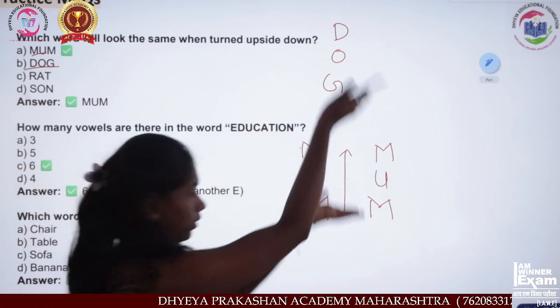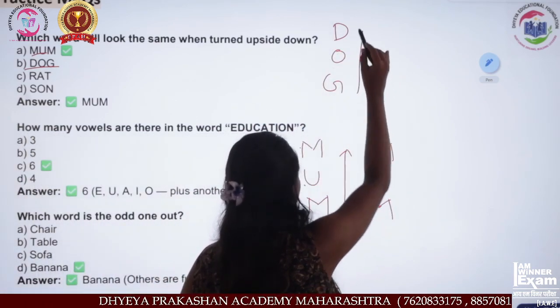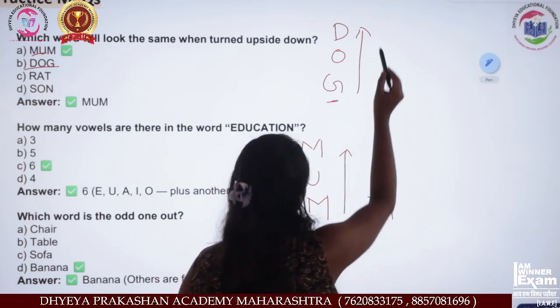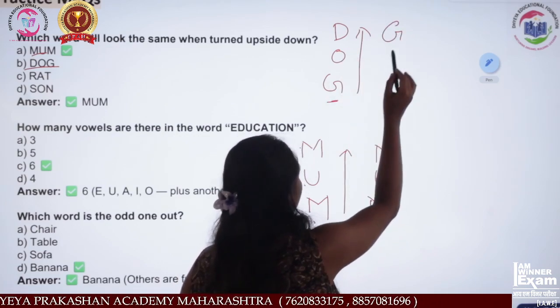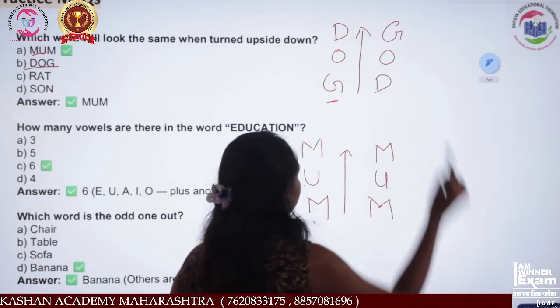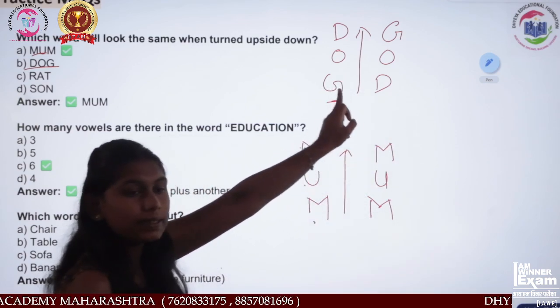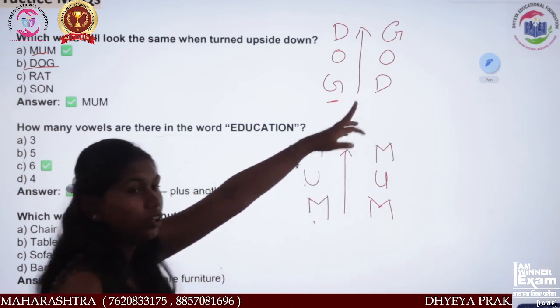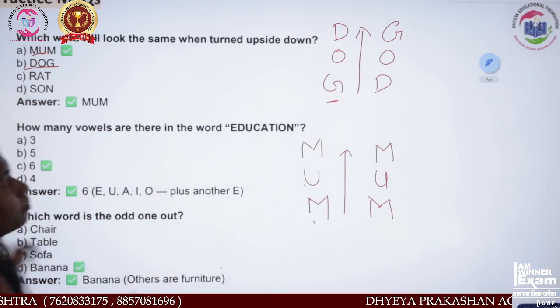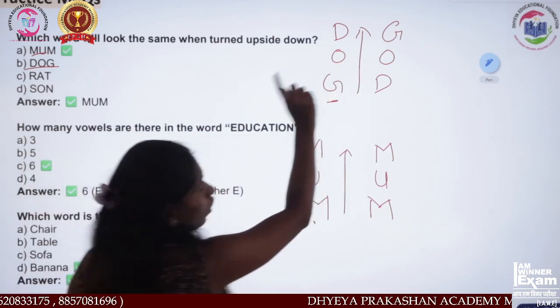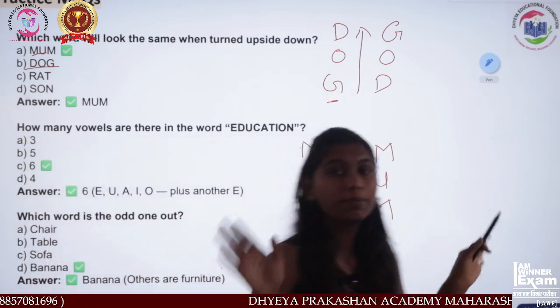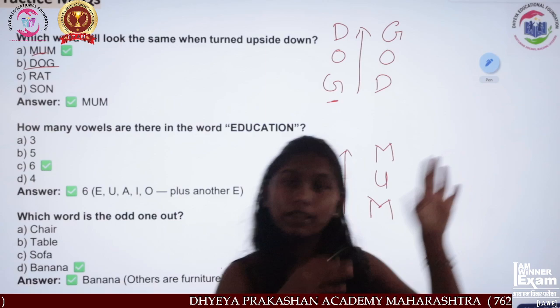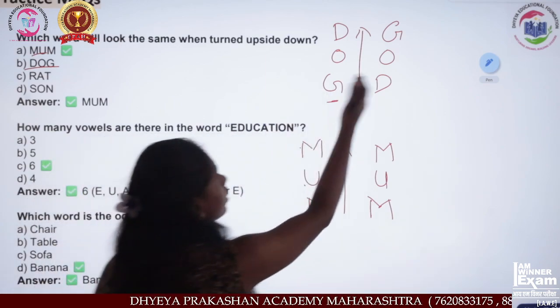Now let's check what is the reverse. Now we are going to start from the bottom. Then G-O-D. So dog is converted into god. Okay, means the word which is dog is not the same after reversing it. After writing it upside down, the word changes.